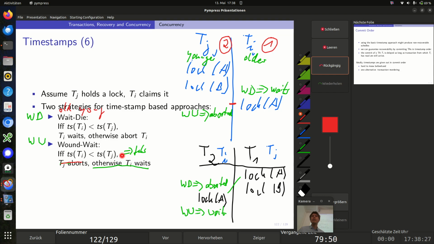So Ti, which is T2, waits. So here it waits. And on wait die, the younger one dies, so it is aborted.